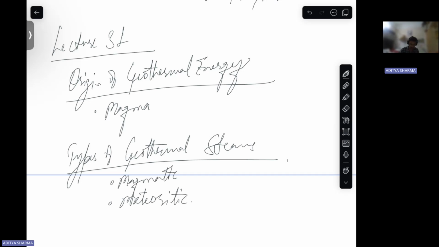So magmatic basically is when your magma is coming in contact with your water, and meteoritic is when magma is coming in contact with your rock. So your rock gets heated, and this rock is coming in contact with your water. So this water gets heated. So this is meteoritic.